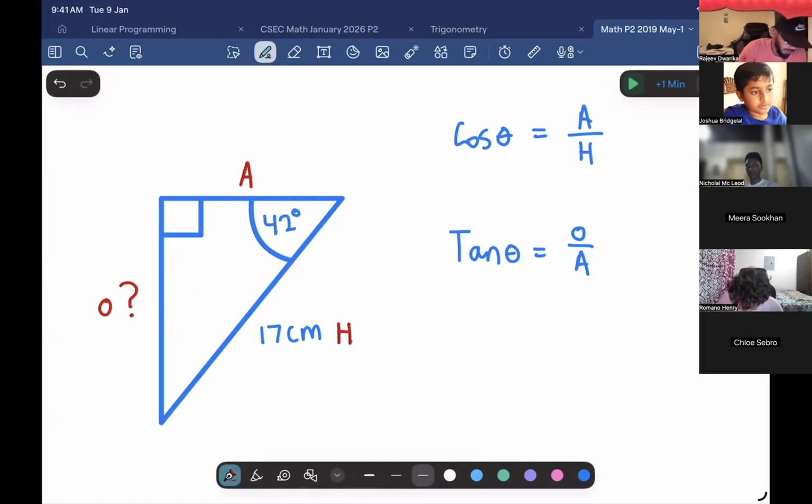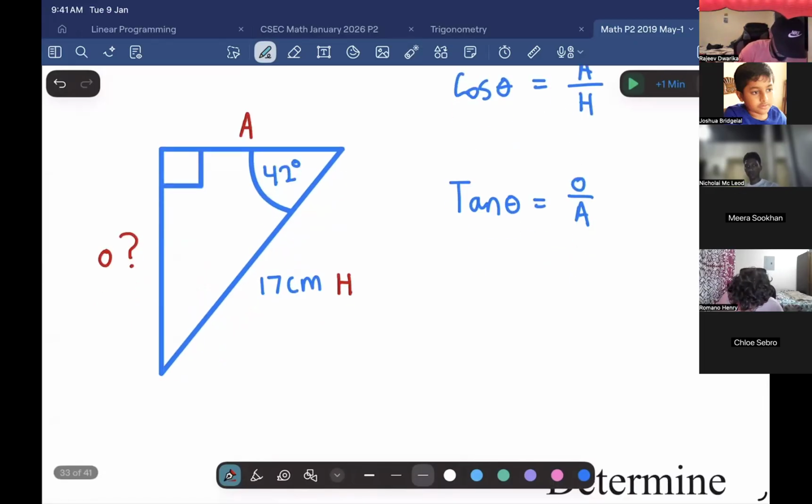Yes, sir. So hear this. What length are we trying to find: O, A, or H? We're trying to find O. Guys, if any of you has ever had trouble with Pythagoras theorem, I'll show you the cheat code. You are going to underline what you are trying to find.